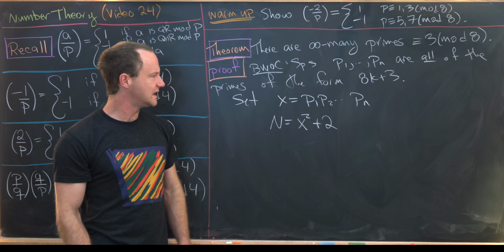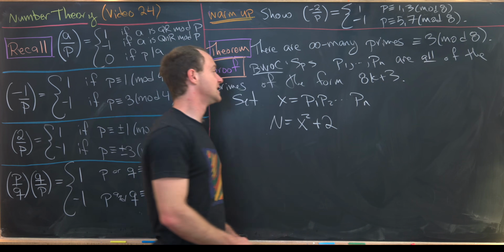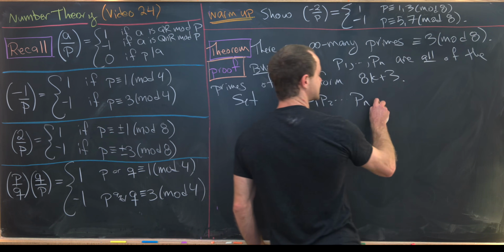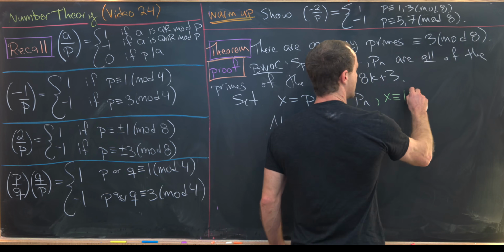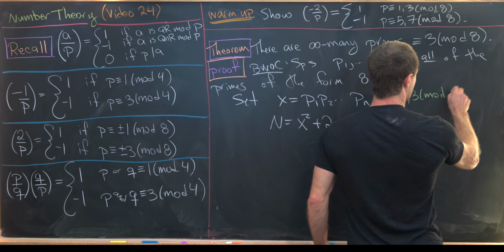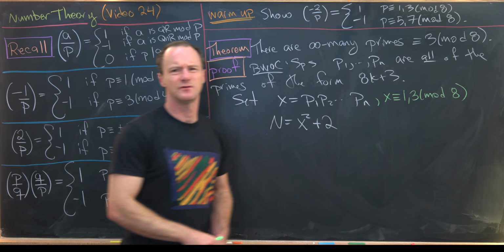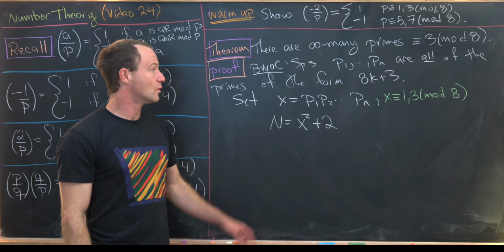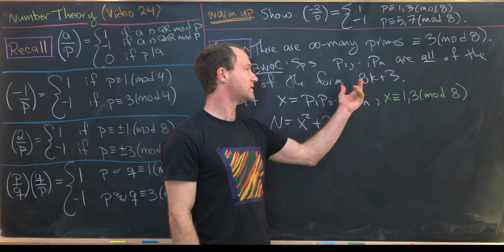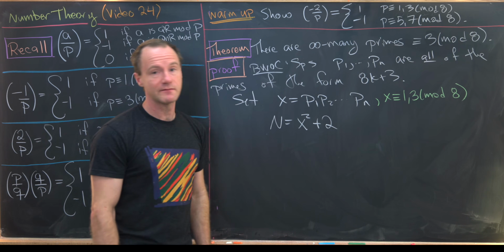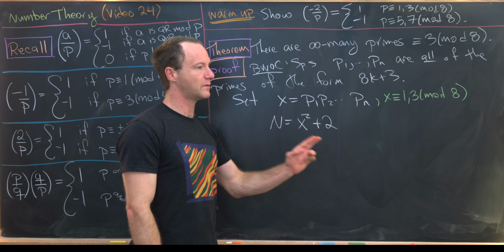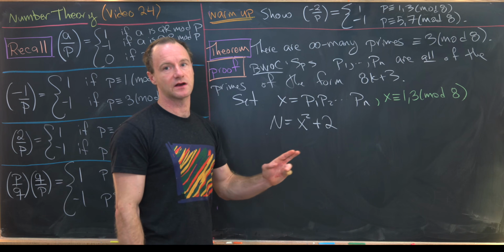And now before we keep going, I want to notice that this number x is congruent to 1 or 3 mod 8. You might say, well, how do we know that? Well, that's because if you multiply things that are 3 mod 8, they loop between being 1 mod 8 and 3 mod 8.